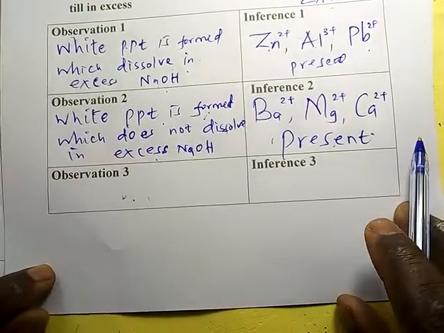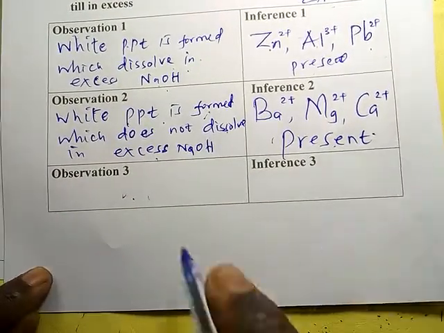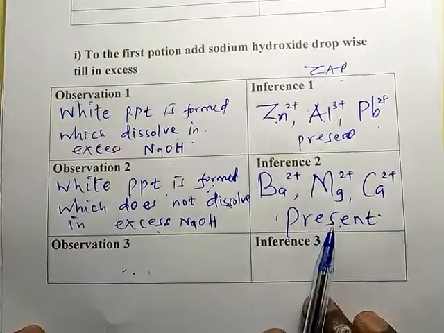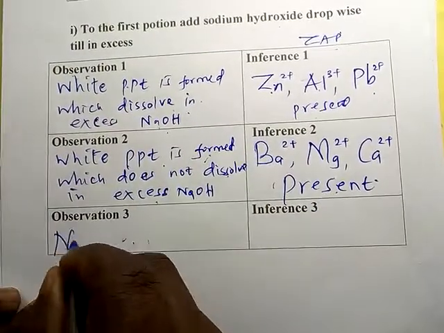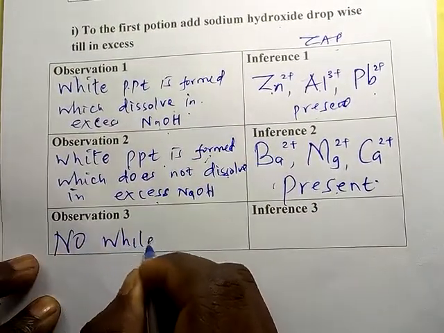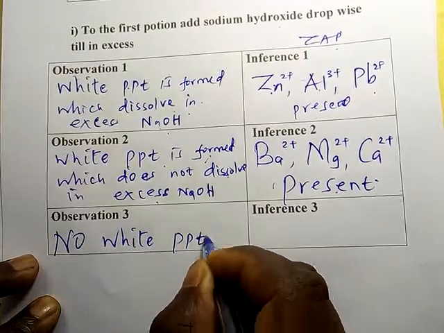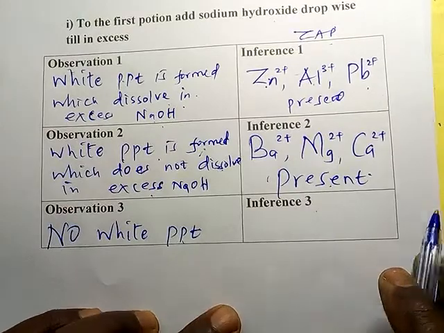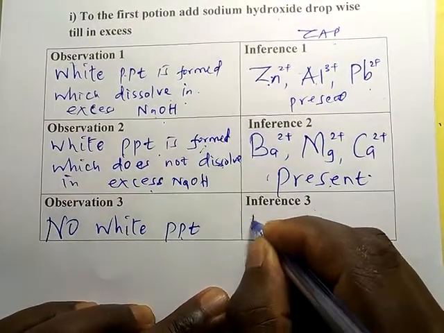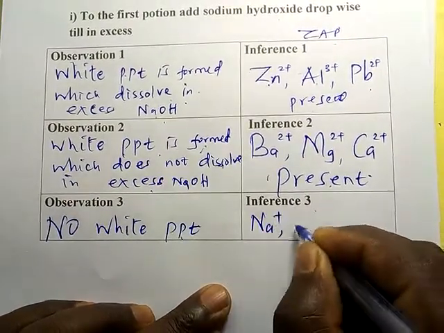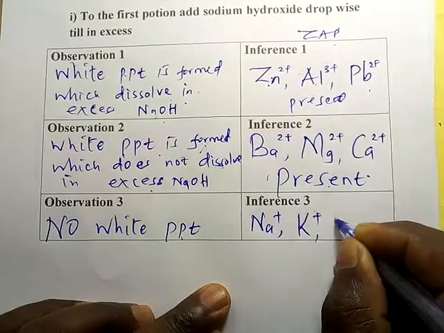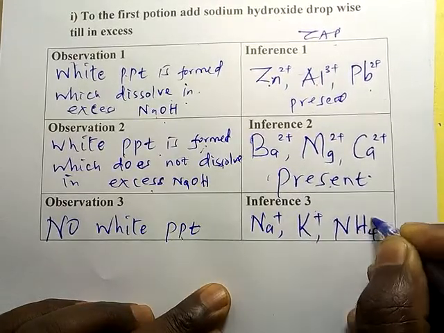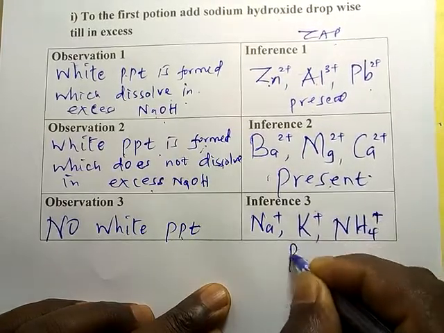The third observation you expect on the same is that there is no white precipitate. So if there is no white precipitate, what is the inference? The inference is that sodium ion, potassium ion, and ammonium ion are present.